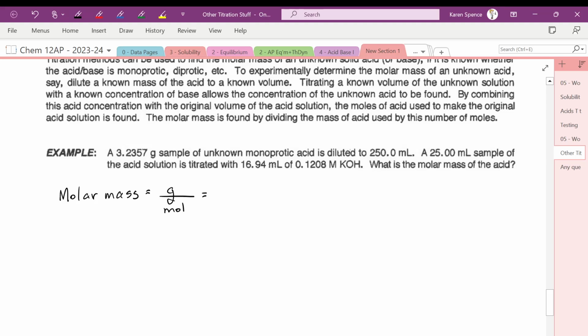Why is it always in milliliters? Because what does your burette read? Milliliters?